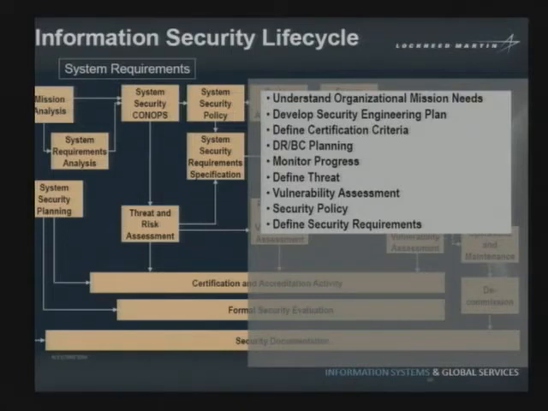So that's the system requirements analysis phase of it, and the organizational mission needs are what drive those things. Eventually in your career, you will become involved in helping the customer understand what it is he really wants to do. At this time, you are also going to help them define what the certification criteria are.